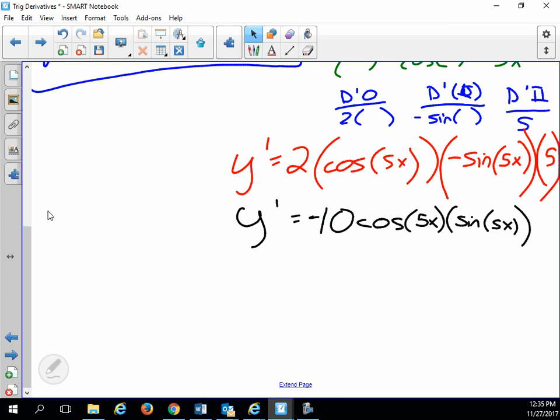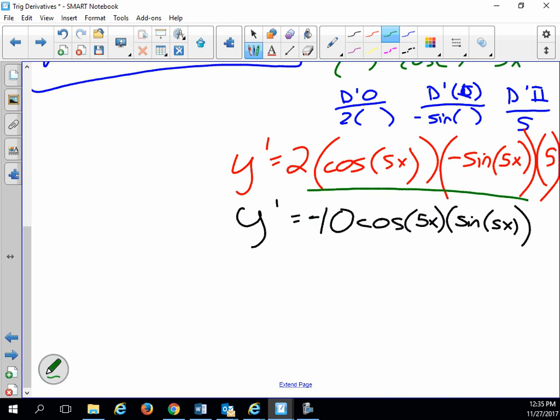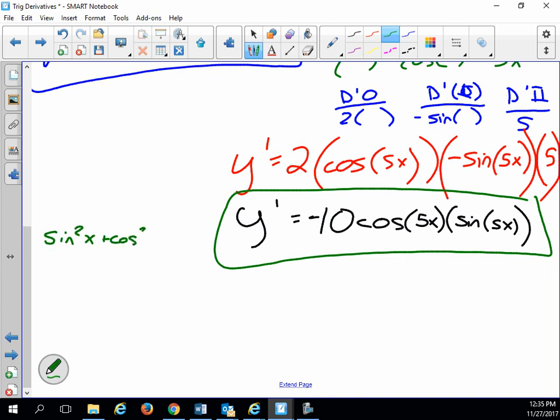Now, I will warn you that when they like to simplify, by the way, I'm good with this answer, but there are 4 trig identities you should know. You should know sine squared x plus cosine squared x equals 1.